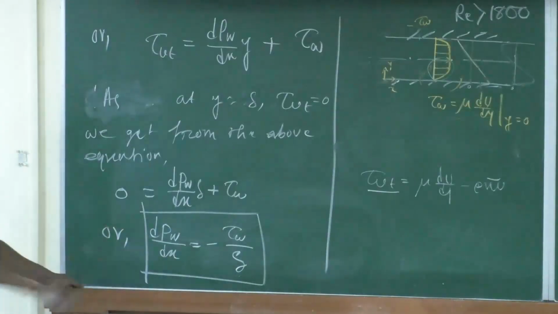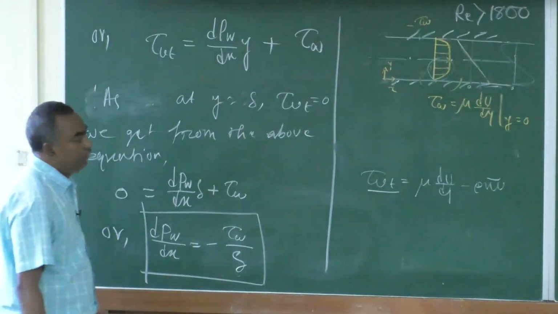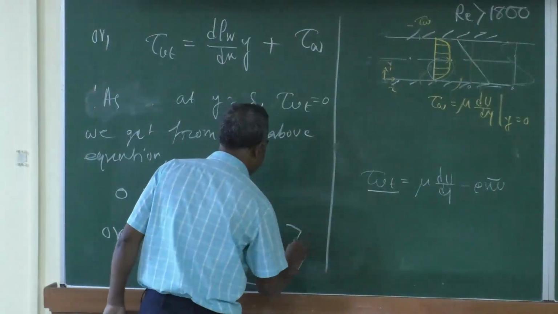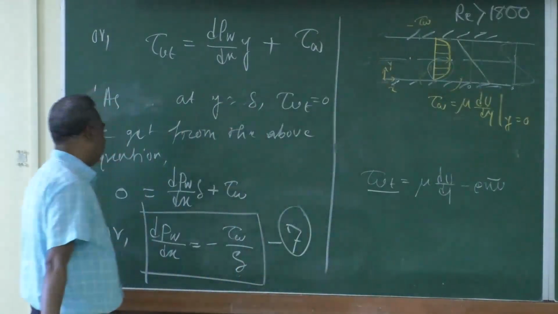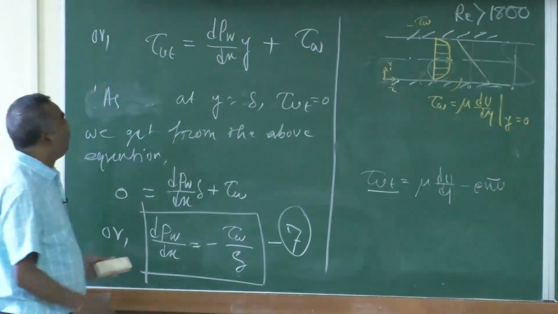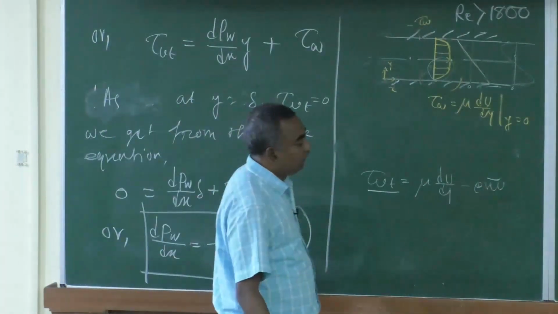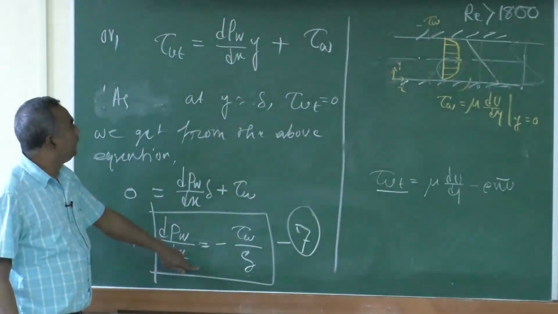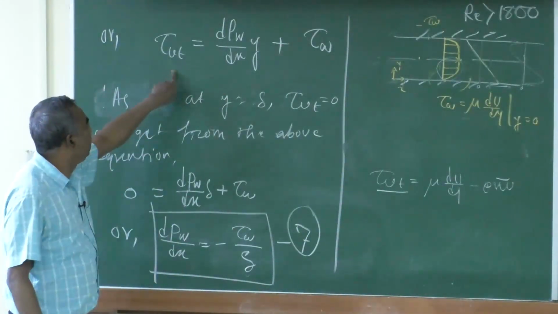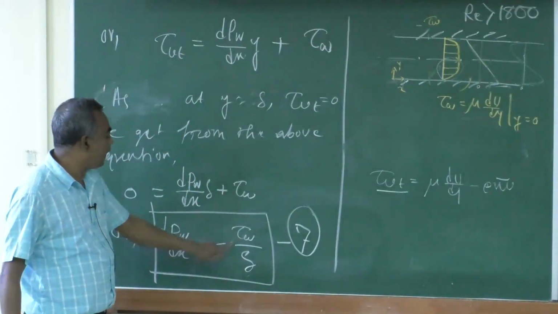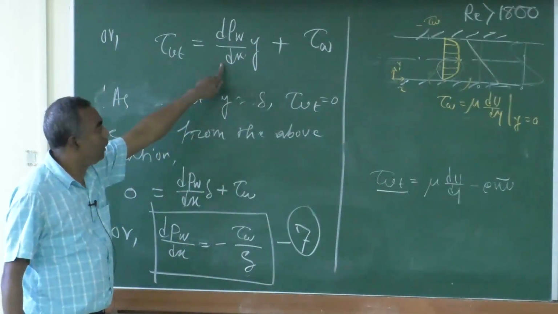Let us call this equation 7. Now, if this is the case, then in this equation you can replace this particular term with minus tau_w by delta.